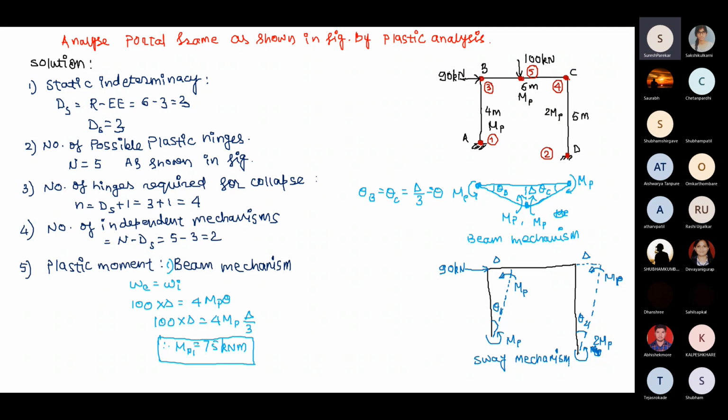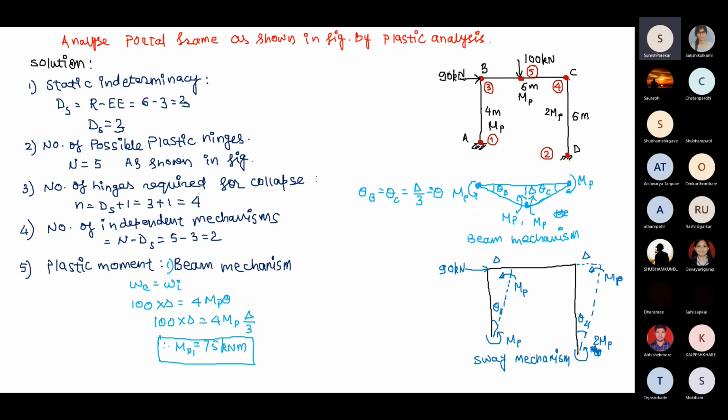Tell me when done. Sir, will the delta remain the same? Will delta remain the same for the sway mechanism? In sway, if delta is not the same, the length of the beam will change. We are neglecting axial deformation. Whatever values, whatever loads you have given, that will not affect your value of delta.